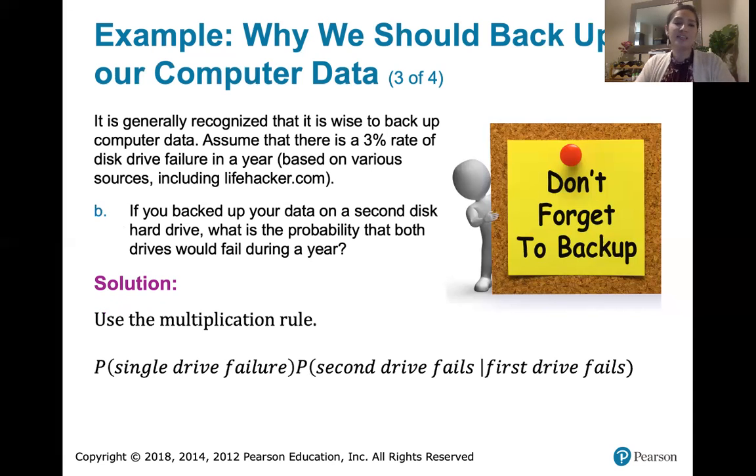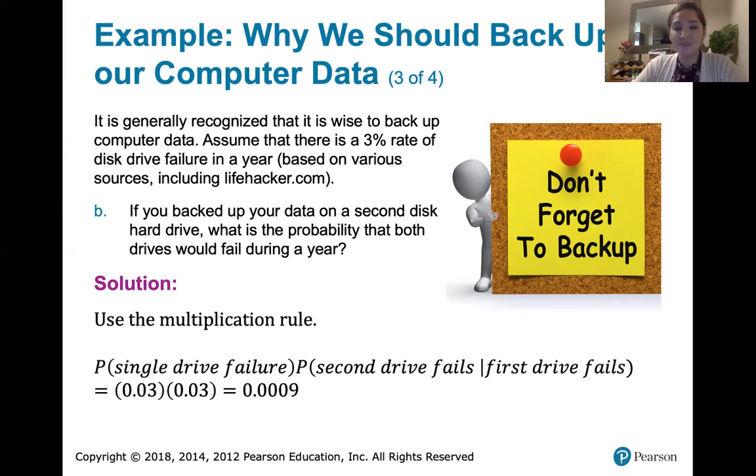So we're going to take the probability that this single drive fails, and multiply by the probability that the second drive fails, provided that the first drive fails. Now, it turns out that these are completely independent events. The first drive failing has absolutely nothing to do with the second drive failing, so we don't have to worry about that. We're just going to take that 3% and multiply it by itself, so we have 0.03 times 0.03.